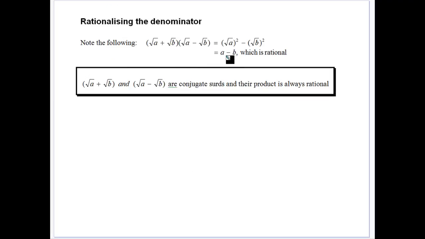Conjugate surds, when they multiply, always give a rational number, a minus b, which is very helpful in what we want to do.